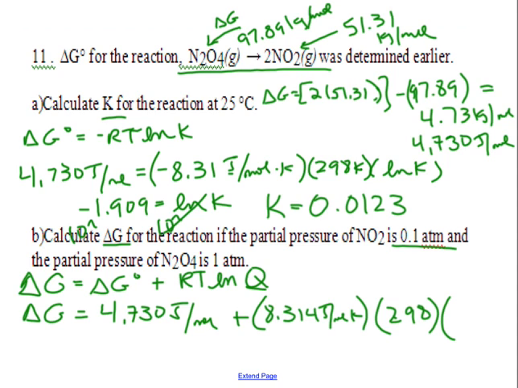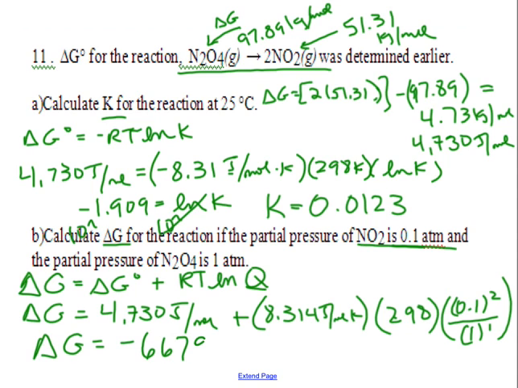So our product pressure is NO2, 0.1 squared over N2O4 to the first. And there is our Q. So let's go ahead and see what our answer is. When you do this math, you end up getting a negative delta G of 6679. Again, it's negative joules per mole K.